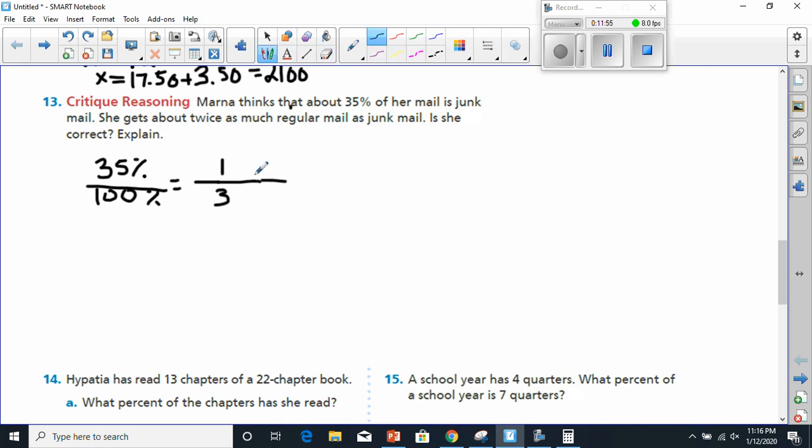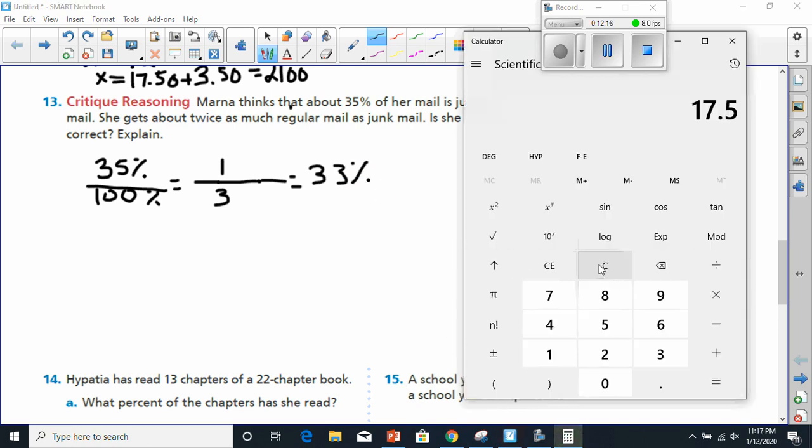So if I was to do this, is 35% close to 1/3? Because we'll want to see if the statement is true. Well, 1/3 is going to be really equal to about 33%. I can check that on my calculator, 1 divided by 3. And that gives me, yes, 0.33, which would be 33%.